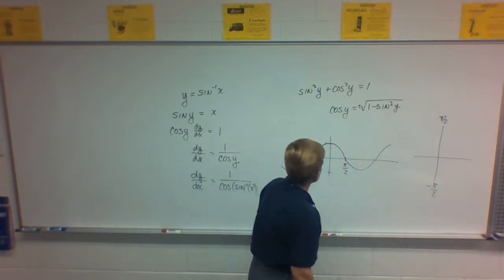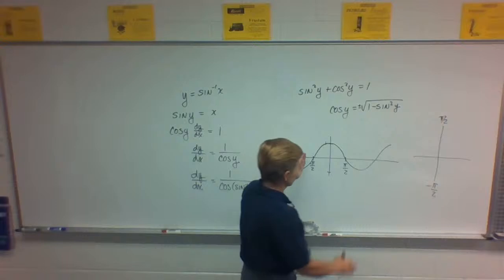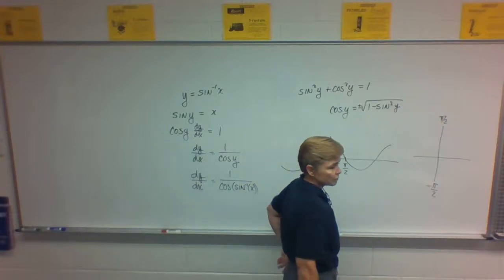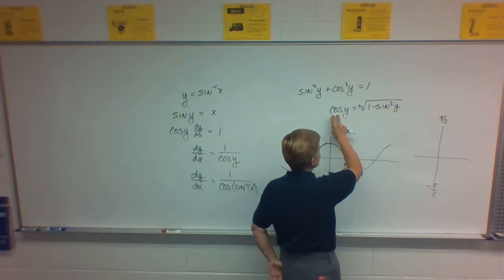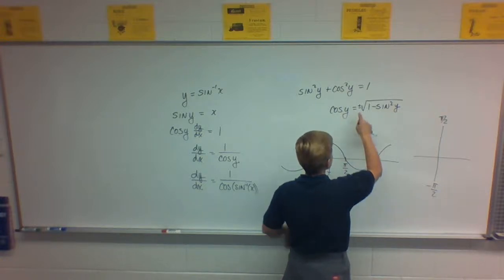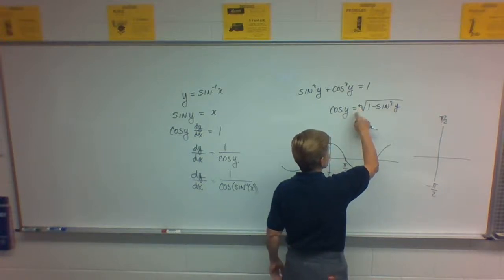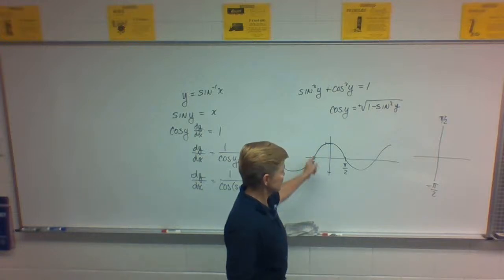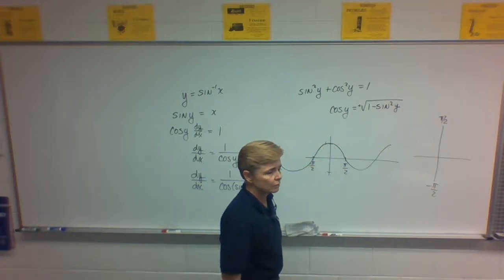So on the interval that we are allowed to look for inverse sine, the interval that we're talking about right here, cosine is always positive, right? So the value of this, restricted to this interval, is always positive. So we don't need to look at the negative part of the plus or minus because in that interval, it'll never be negative. Would you agree with that?